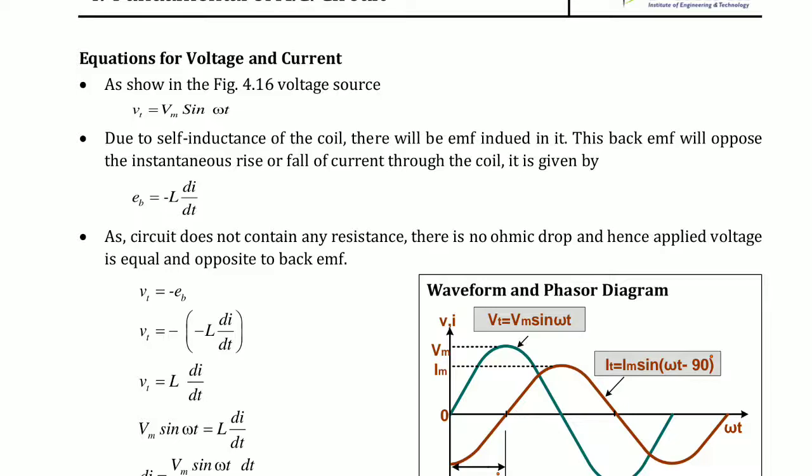So now the EMF equation: EB is equal to minus L into di by dt. This EMF is across the inductor. Here there is no resistance, it is purely an inductor, so there is no ohmic drop in the inductor.